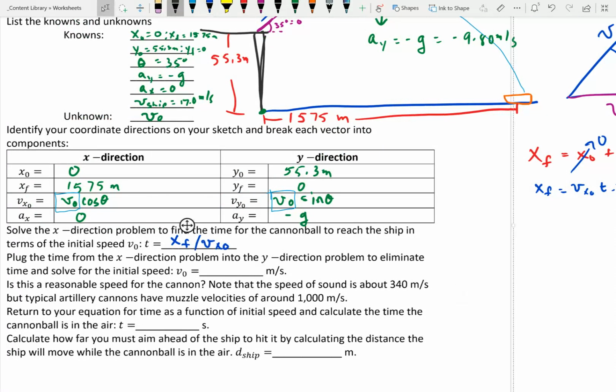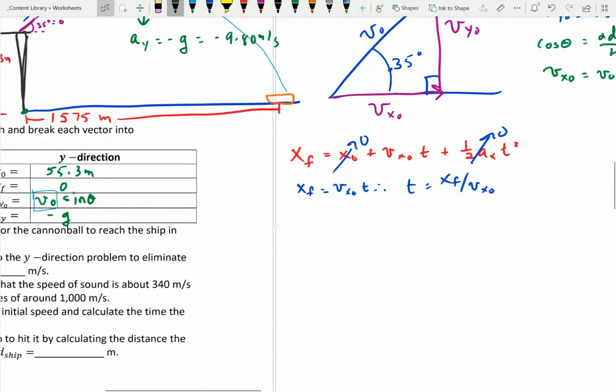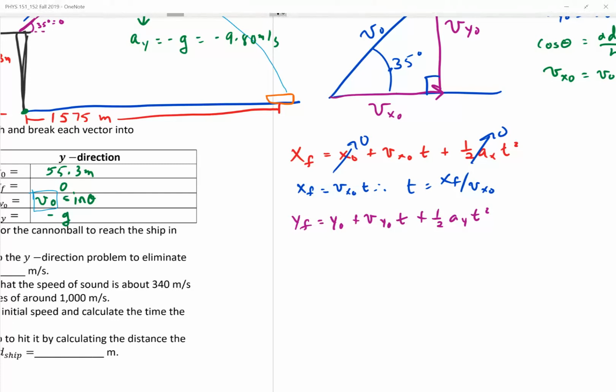Now I'm going to plug that into the y direction equation. Well, the y direction equation is going to be using the same kinematic equation, just using it for y now. Substituting in, I have 0. That 0 is y final.